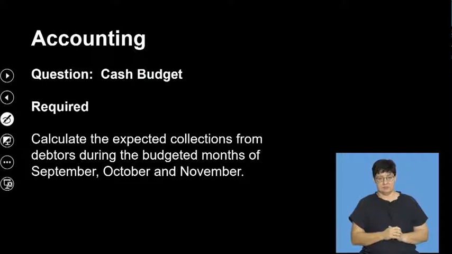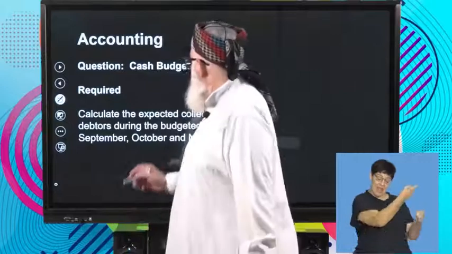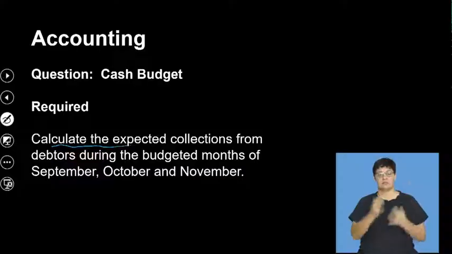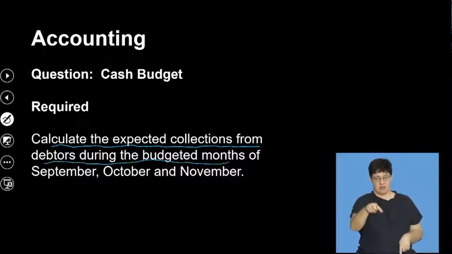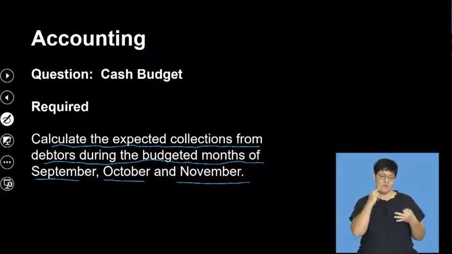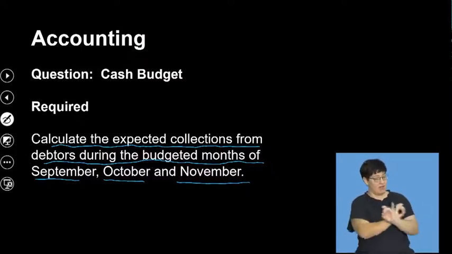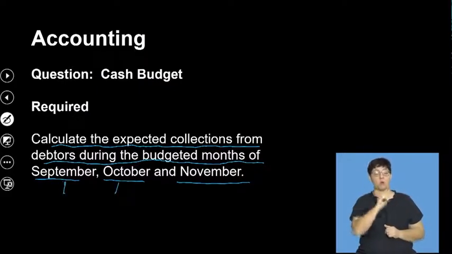Now, what is required of us? Based on that information, we are required to calculate the expected collections from debtors during the budgeted months of September, October, and November. So you're drawing up a budgeted period for September, October, and November. But now, once again, what I want you to see is that you do not only focus on September, October, and November.